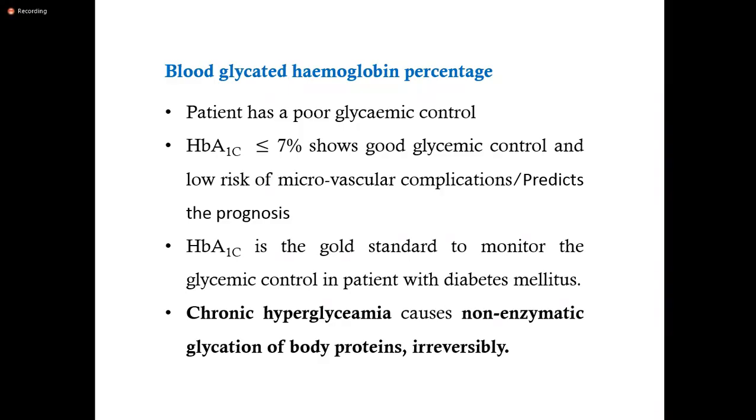The lifespan of a red blood cell is 120 days. Therefore, plasma hemoglobin A1C level reflects the glycemic control over the preceding 2 to 3 months.